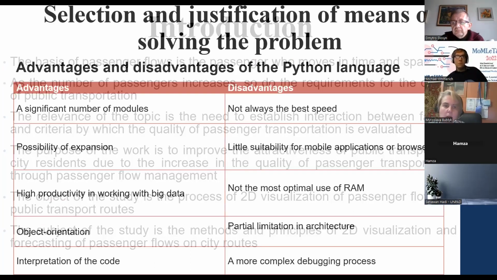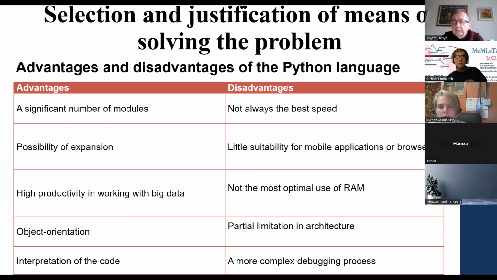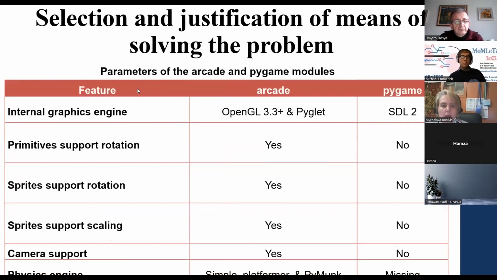This slide presents the selection and justification of the means of solving this problem, the advantages and disadvantages of the Python language, and we chose Python. As a result of the selection, our colleagues investigated parameters of the Arcade and game models, and as you can see, they chose OpenGL and pipelines.